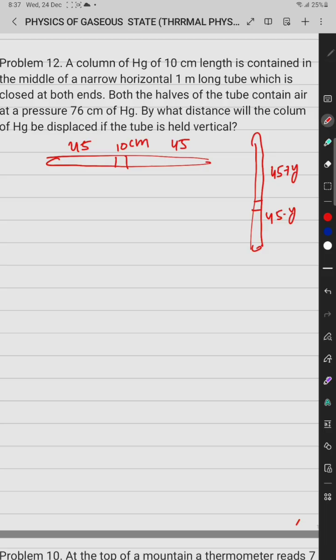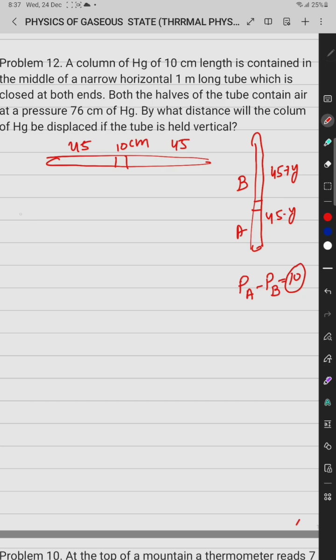पहले के केस में जब हॉरिजॉन्टल था तो सेम था, बट यहाँ B और A के प्रेशर का डिफरेंस डिफरेंट होगा, या यूँ कहते हैं कि PA minus PB equal to 10 centimeter of the mercury level.